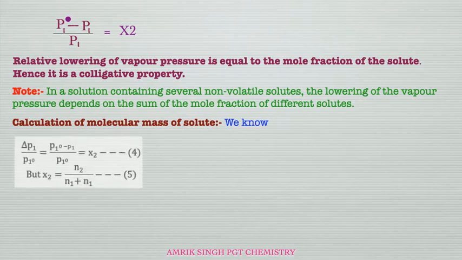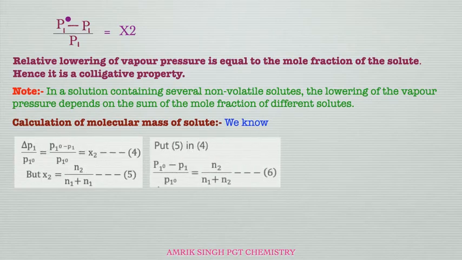Now, calculation of molecular mass of solute. We know delta P1 divided by P naught 1, that is (P naught 1 minus P1) divided by P naught 1, is equal to x2. We have already derived this equation. But x2 is equal to n2 divided by (n1 plus n2).